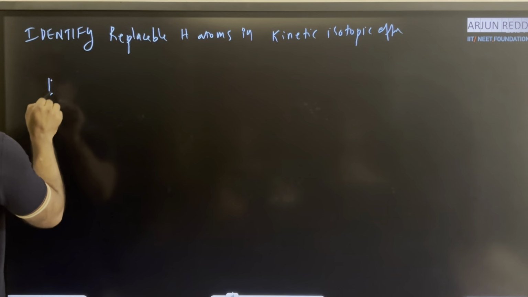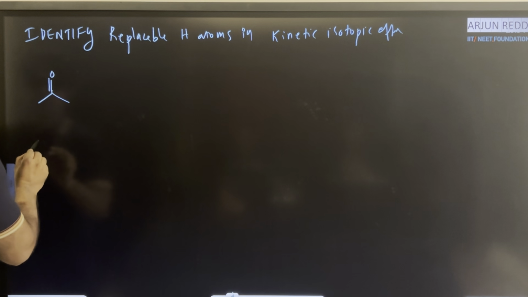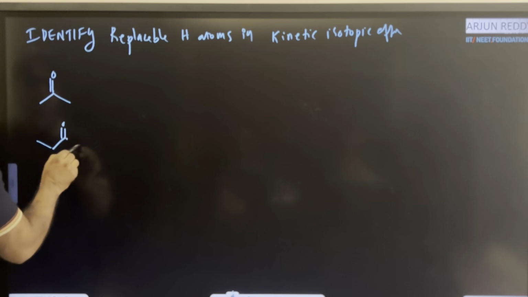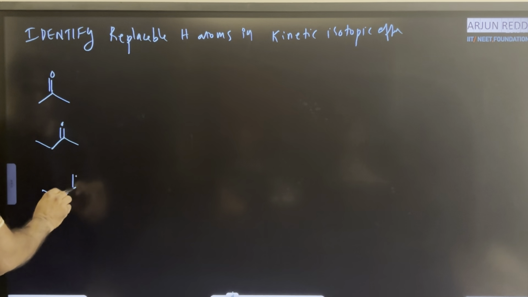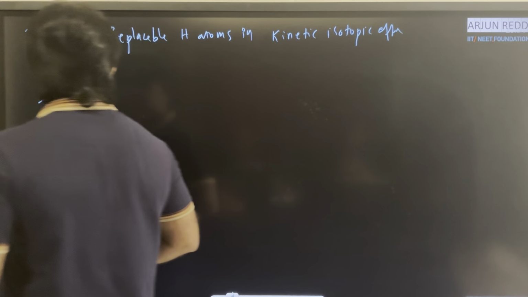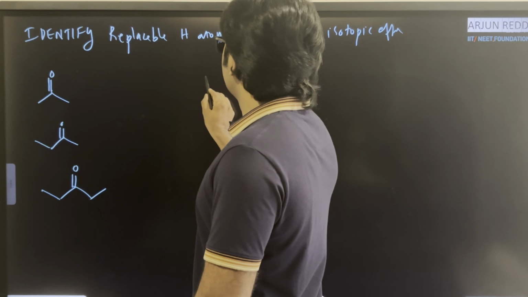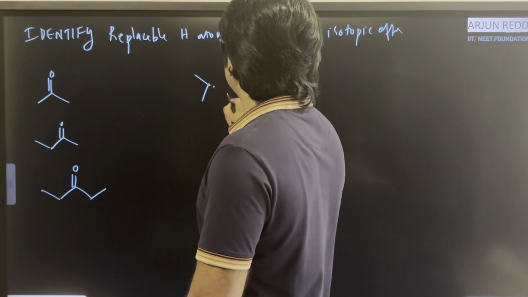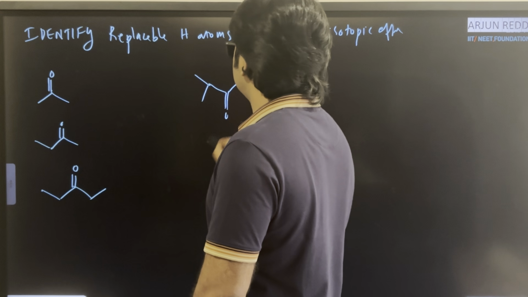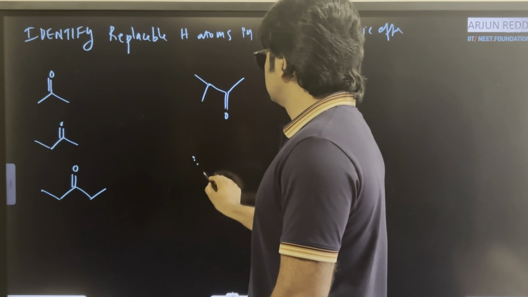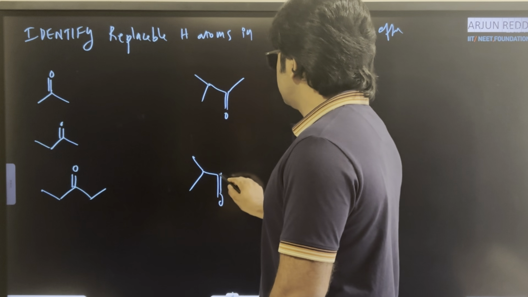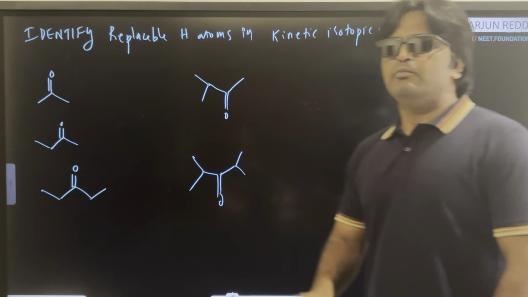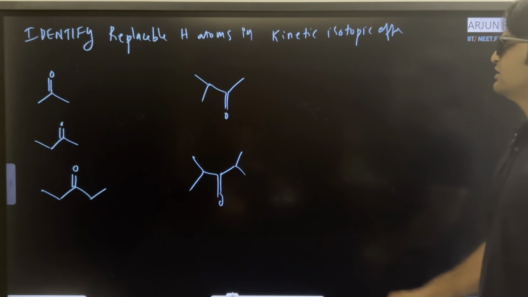Yeah, you start from this example: CH3, next one C double bond O, CH3, CH2, CH3, like that. You just identify the number of acidic hydrogens, then that is the right answer.